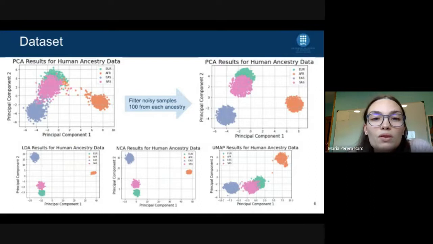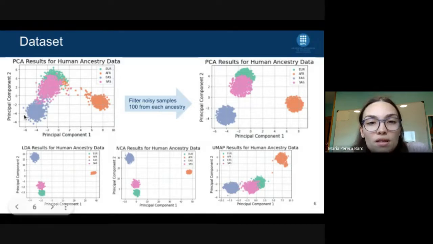The most common plot used to analyze data of different population groups is the principal component analysis. This technique makes clusters according to population. And in this image, we can see the PCA of the original data with four clusters, which are the population groups. And we can see that there is some noise that are the outlier samples that are far from the clusters.